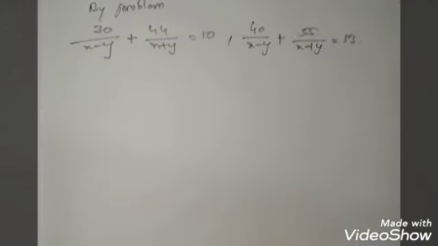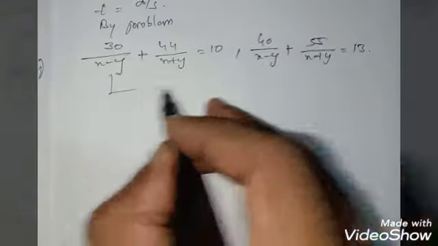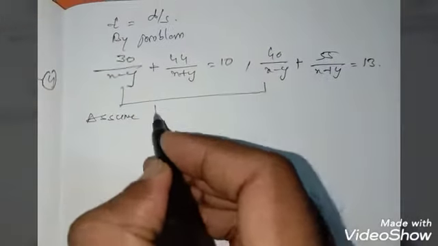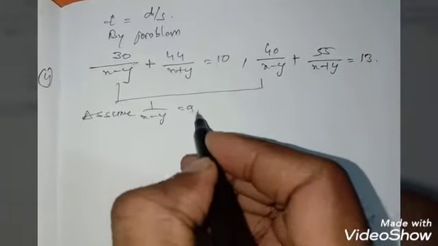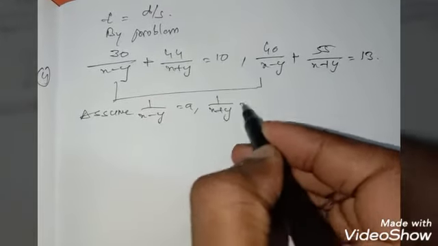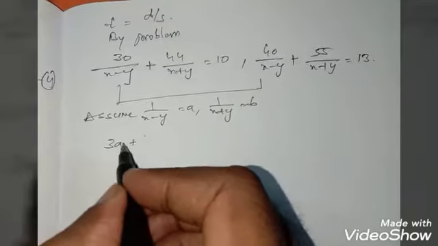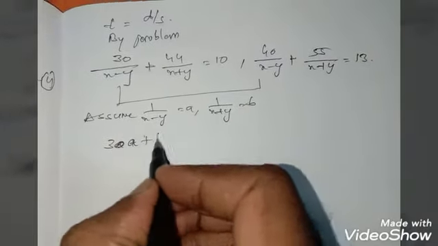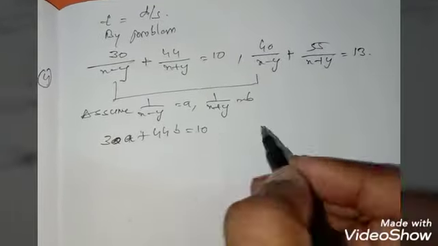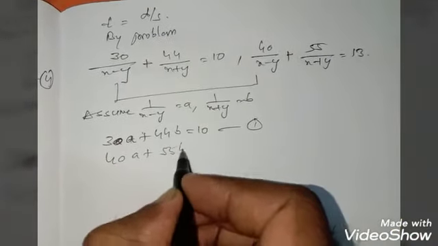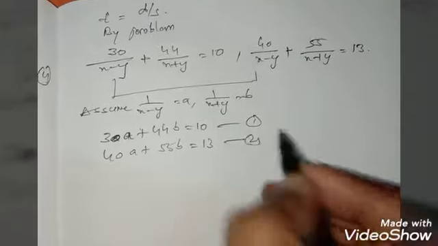After finding these equations, here the variables of the denominators are equal. So I assume 1 by x minus y as a and 1 by x plus y as b. Now substitute in this, you will get 30a plus 44b is equal to 10 as the first equation, and 40a plus 55b is equal to 13 as the second equation.